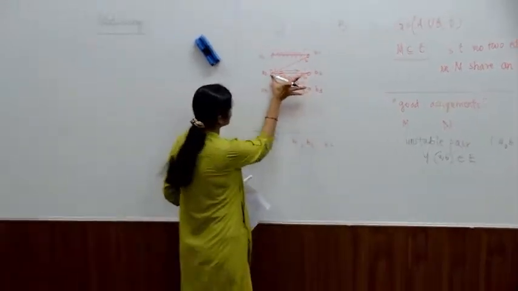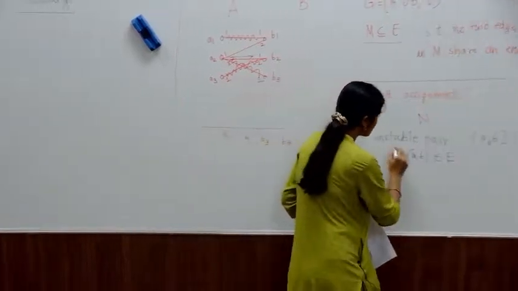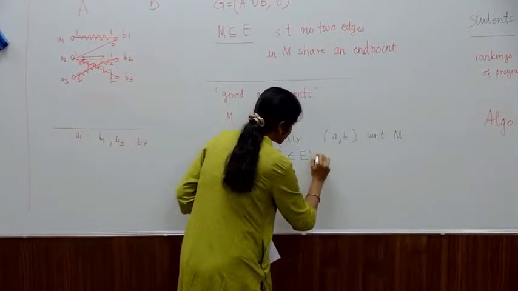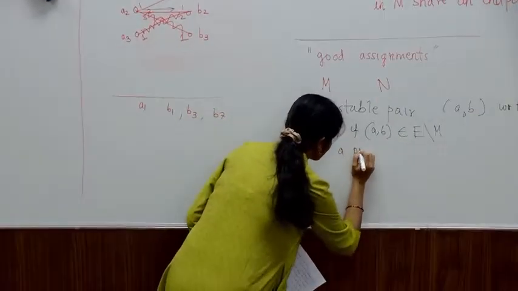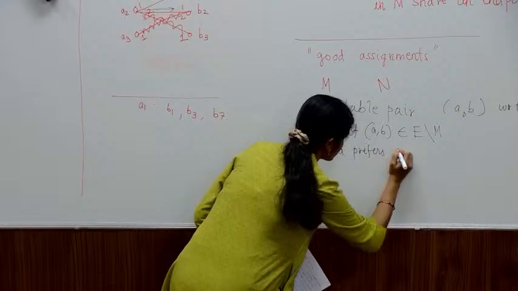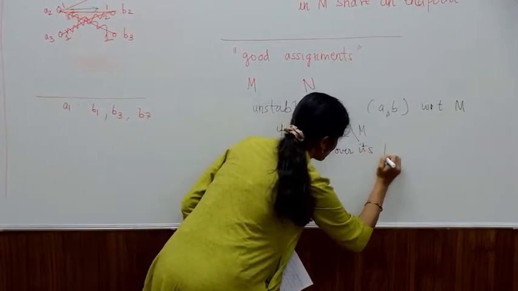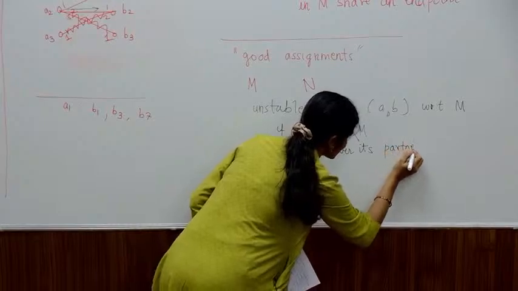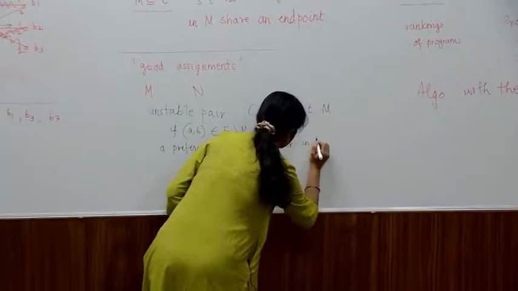We are not asking whether A2 B3 is a problematic pair. So it belongs to the edge set, it does not belong to the matching, and A prefers B over its partner. When I say partner, it means the assigned partner in the matching M.